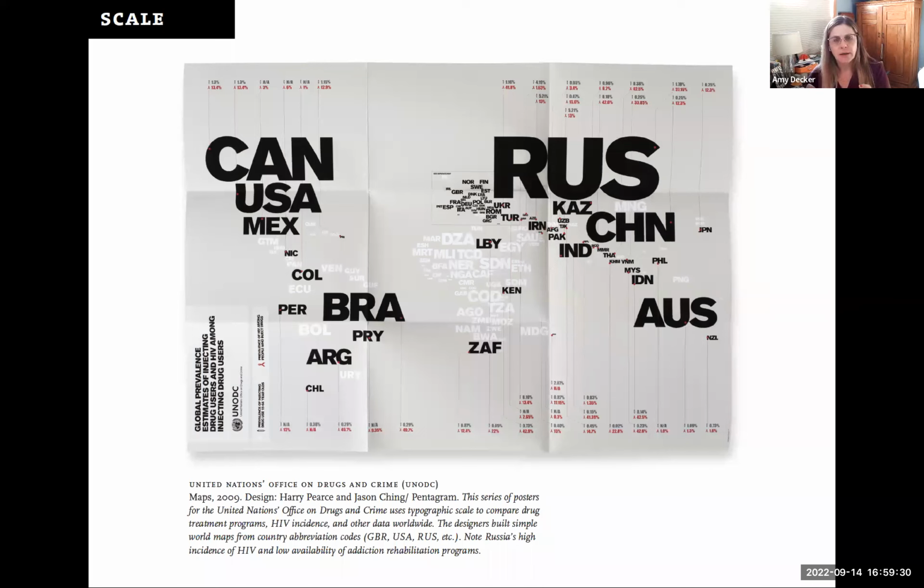So it's using the three letters of the country code and putting it on a map. It's really using scale, arrangement, and alignment, all to make a point and communicate a very important message.